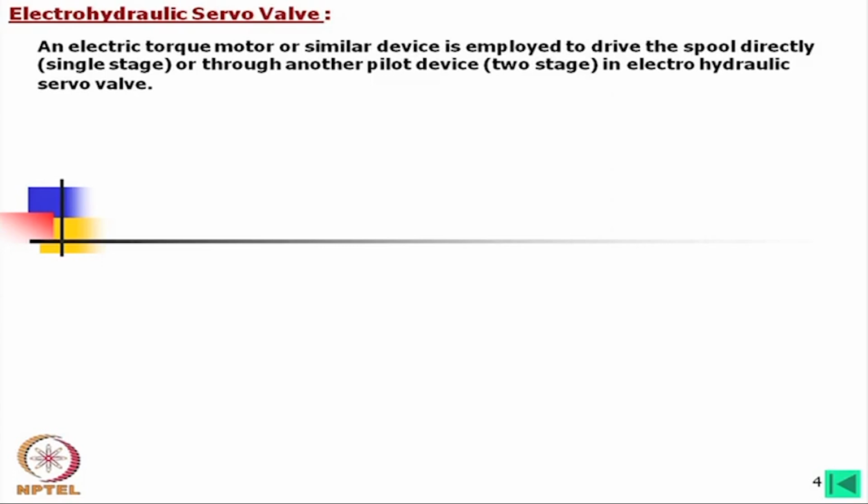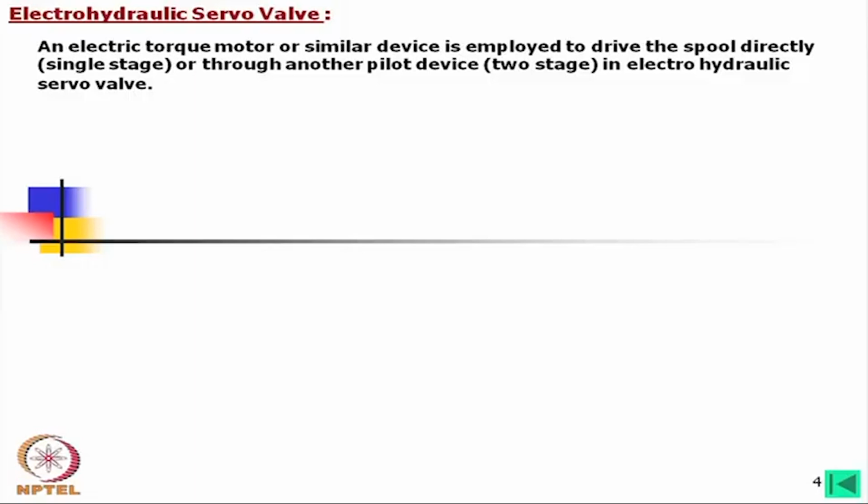Here I would like to mention, in some cases for very large force and very high flow, sometimes a 3-stage valve is used. The pilot stage operates another stage, which is called the secondary pilot stage, and that stage will ultimately operate the main valve.